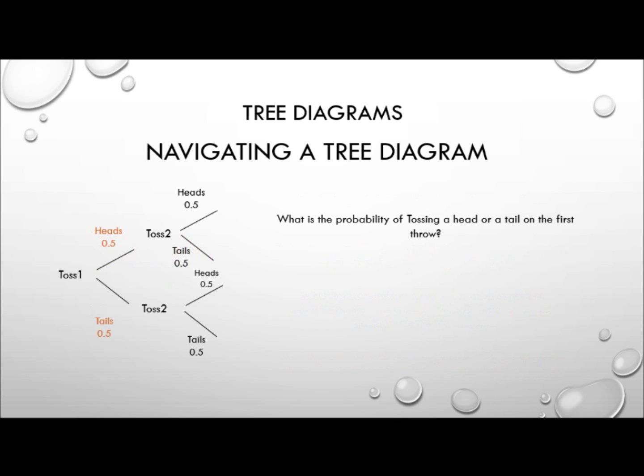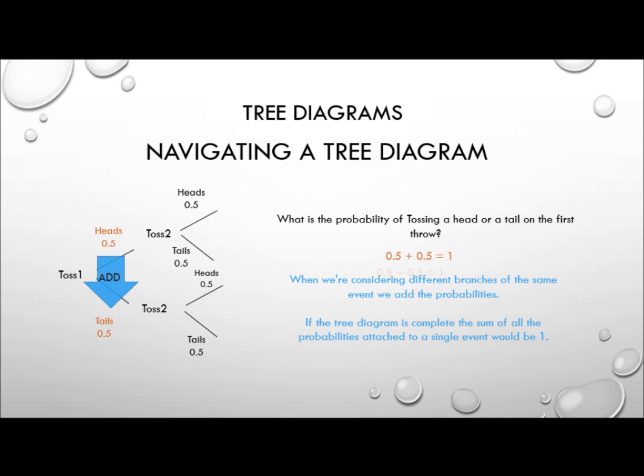Okay, so what is the probability of tossing either a head or a tail on the first throw? Well, we already know from the previous video it's going to be 1. 0.5 plus 0.5 is 1. The events are mutually exclusive and they're collectively exhaustive, so of course it's going to be 1.